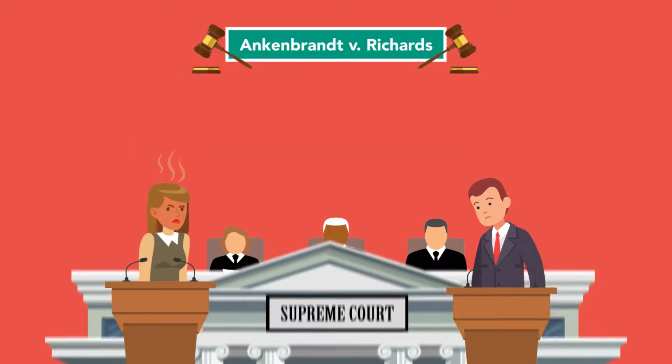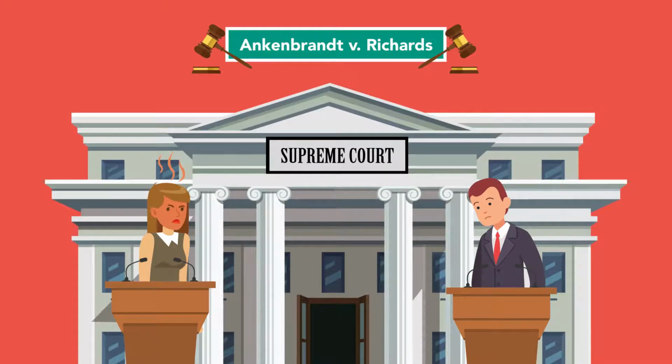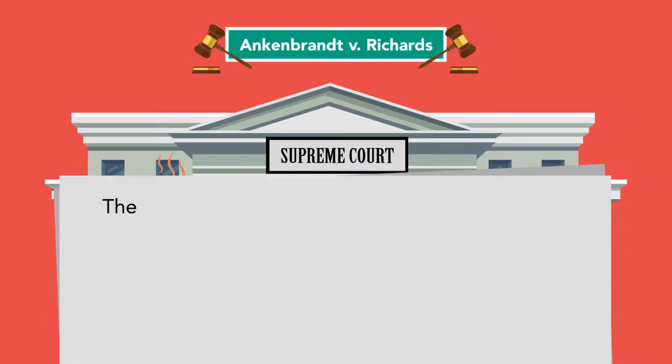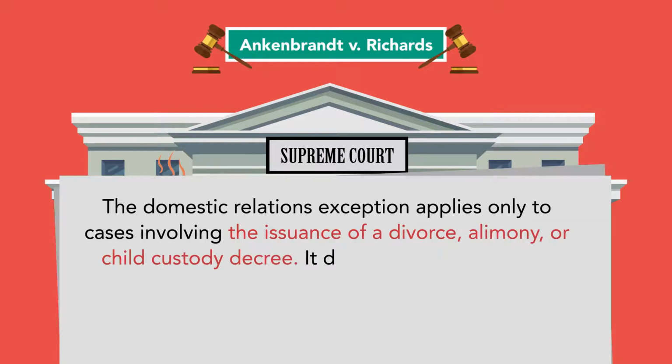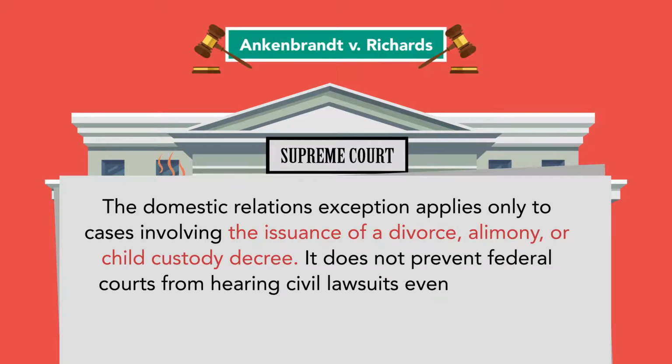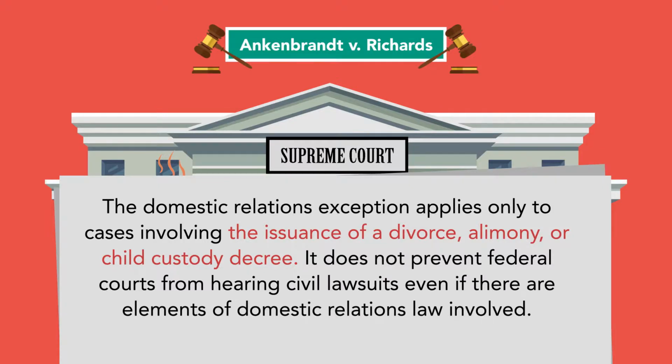The Supreme Court, though, allowed the lawsuit to go forward, explaining that the domestic relations exception applies only to cases involving the issuance of a divorce, alimony, or child custody decree. It does not prevent federal courts from hearing civil lawsuits, even if there are elements of domestic relations law involved.